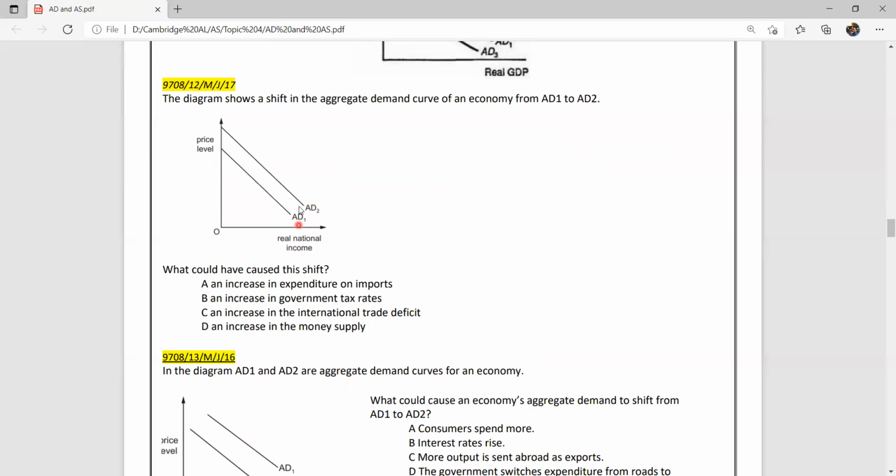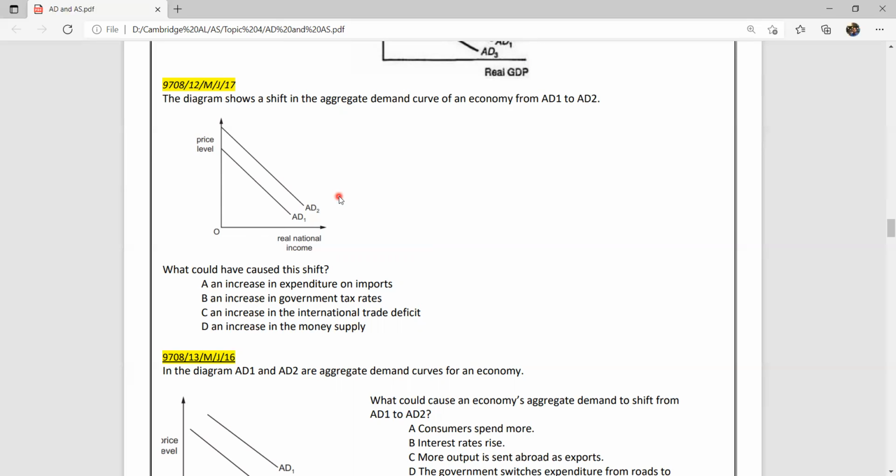A rightward shift means increasing aggregate demand. The first one says an increase in expenditure on imports. No. Aggregate demand decreases. Increase in tax rate. Also no, because households and firms are supposed to pay higher tax, so aggregate demand decreases.